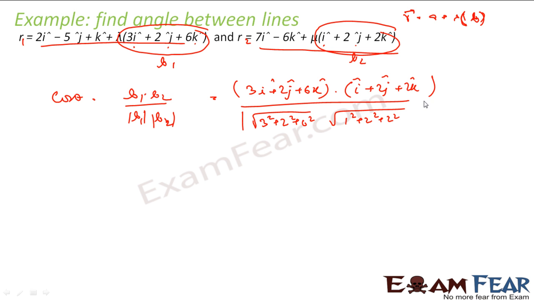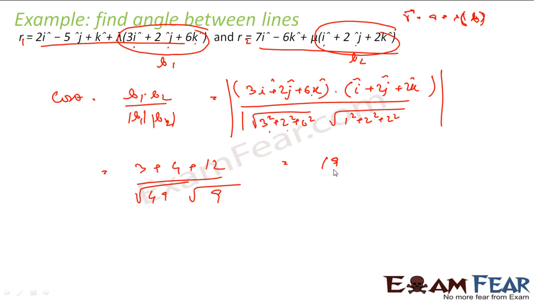So this becomes 3 into 1 is 3, 2 into 2 is 4, 6 into 2 is 12, this is the dot product I am doing, by root of 9 plus 4 plus 36, which is 49, and root of 1 plus 4 plus 4, which is 9. This is nothing but 19 by root 49, which becomes 7, and root 9 becomes 3. So this becomes 19 by 21.